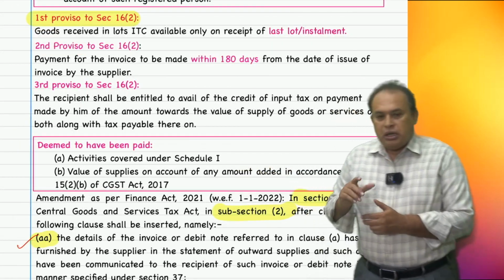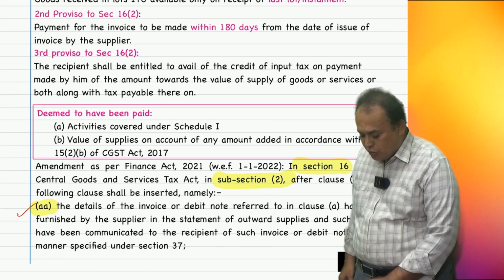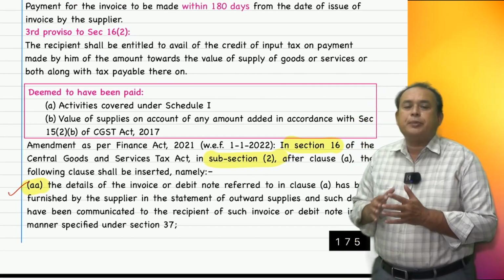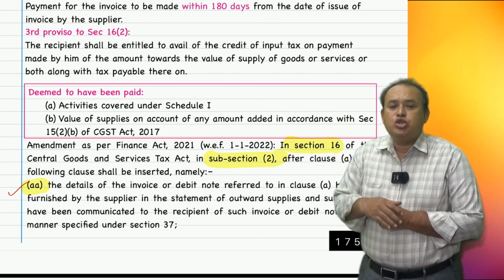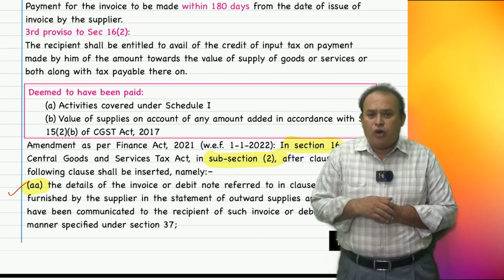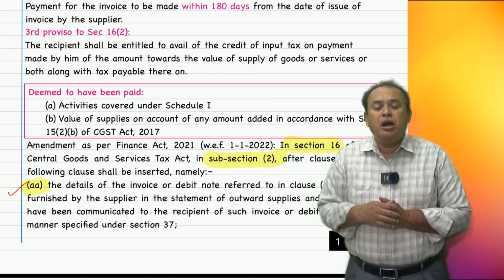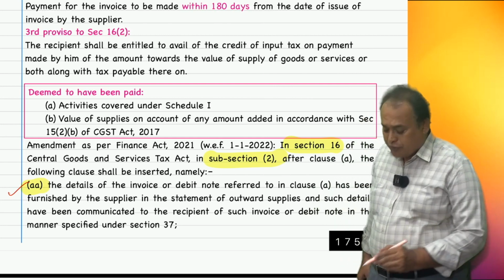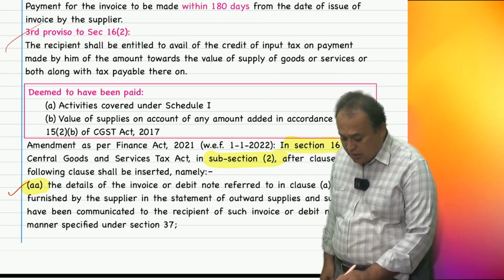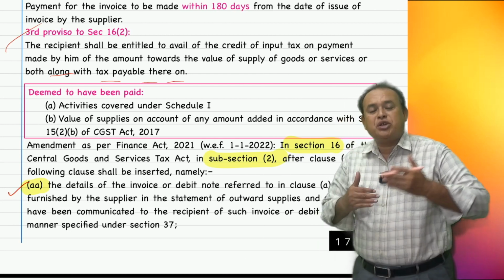As you understood, there is a third proviso to section 16 subsection 2. The recipient shall be entitled to avail the credit of input tax on payment made by him of the amount towards the value of supply of goods or services, or both, along with the tax payable thereon at a subsequent date.